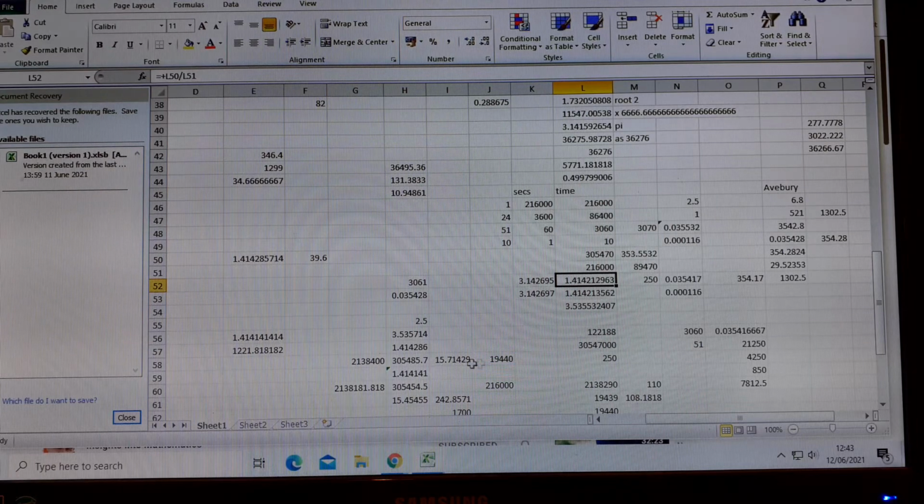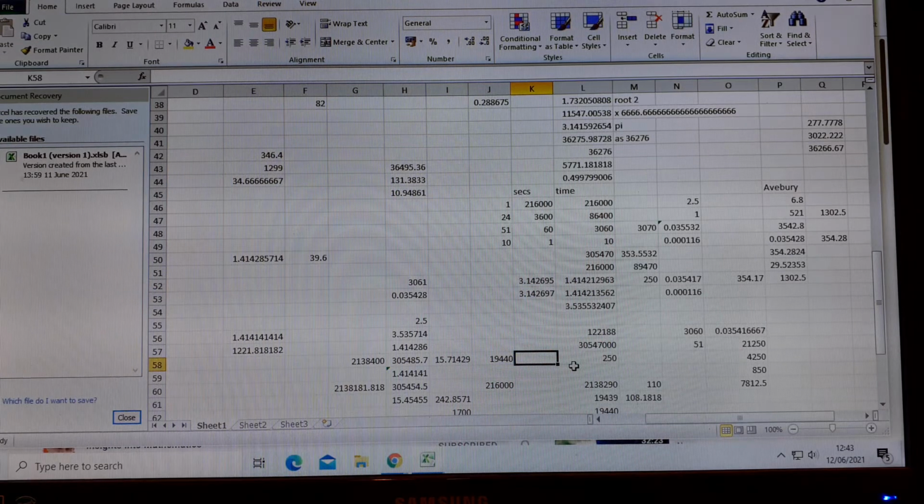So if that is giving us 19440, what's this giving us? Dividing by this. So let's just have a look. .19439. So that's a ratio between 99/70 and Babylonian root 2.